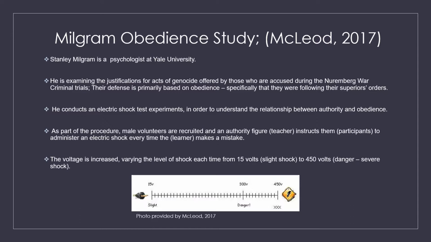The voltage is increased each time the learner gets a question wrong, from 15 volts, listed as slight shock, to 450 volts, listed as dangerous, severe shock. The study concludes that the majority of the participants are willing to take morally wrong actions when following the instruction of authority. All participants reached 300 volts, and 65% of the participants continued to 450 volts.